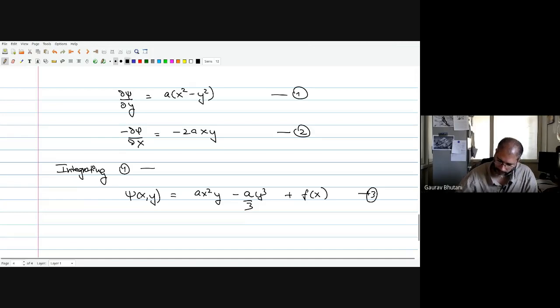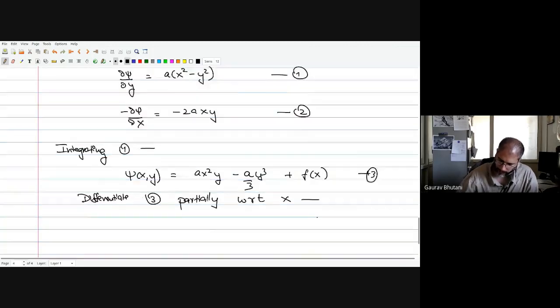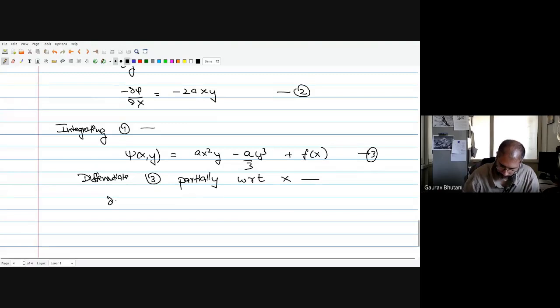All right. Now what we do is we will differentiate this with respect to x. So this will give us del psi by del x. The first term, we differentiate x squared, that becomes a 2x.